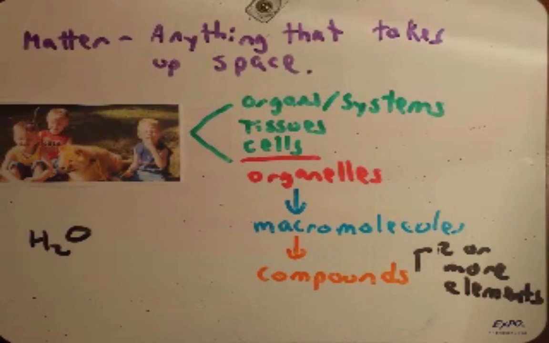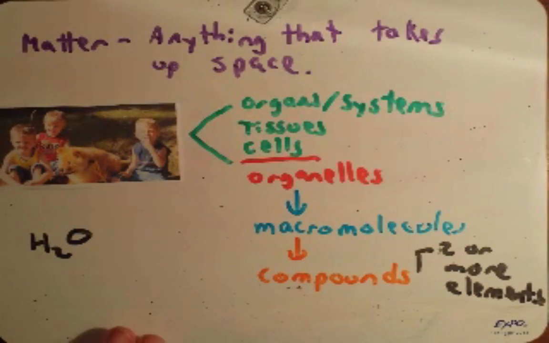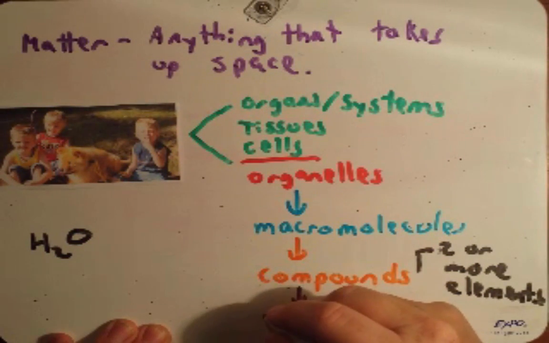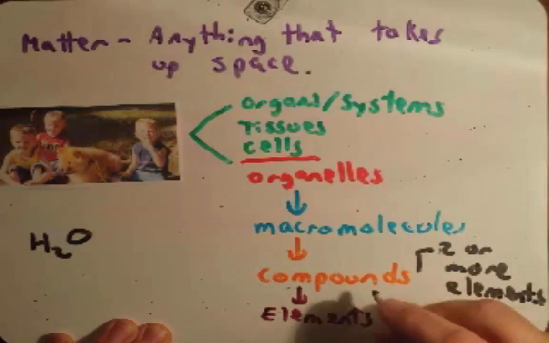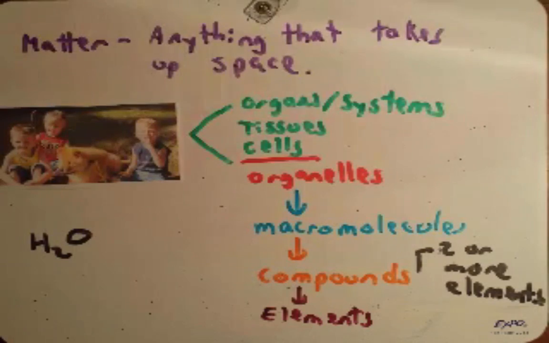And then below compounds, now these compounds are further broken down into elements, which isn't too surprising since I just told you a compound is 2 or more elements. Now these elements you might remember from your periodic table from a chemistry class. Now an element is the simplest structure that cannot be broken down by a chemical reaction.